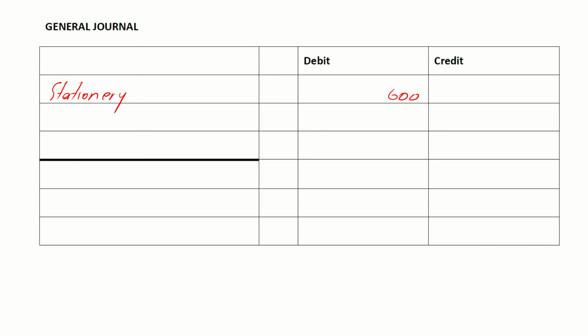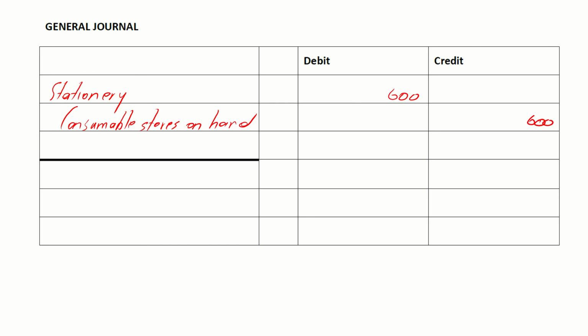And then I needed to reduce my consumable stores. This is an asset account, therefore it will decrease on the credit side. This is what you were supposed to have done.